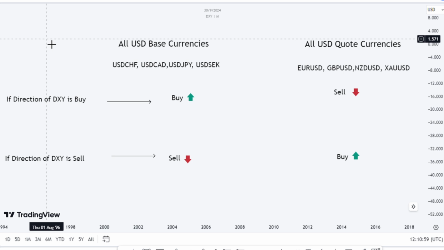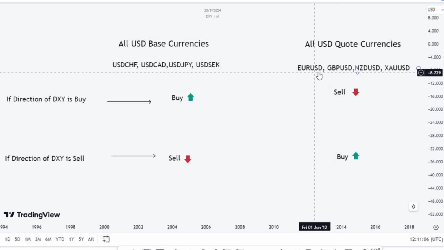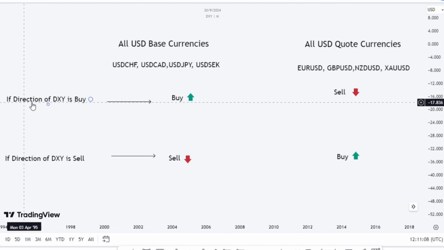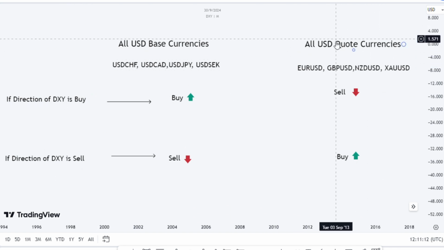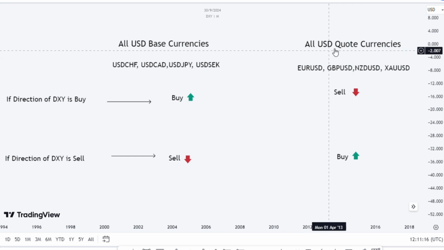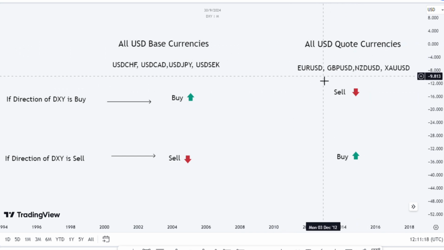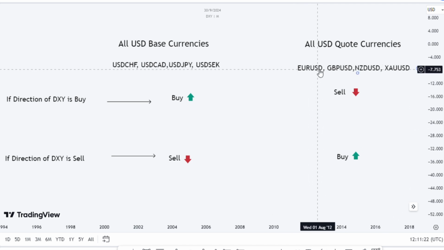But it is opposite when we come to USD quote currencies. When the direction of the DXY is buy, all USD quote currencies will be selling. Mind you, in the USD quote currencies, the USD becomes a quote currency, and we have a base currency before the quote currency.